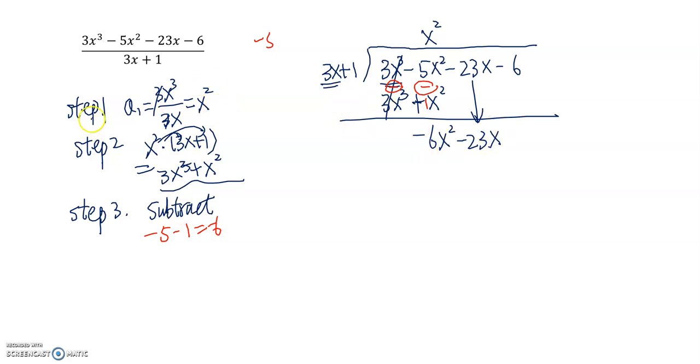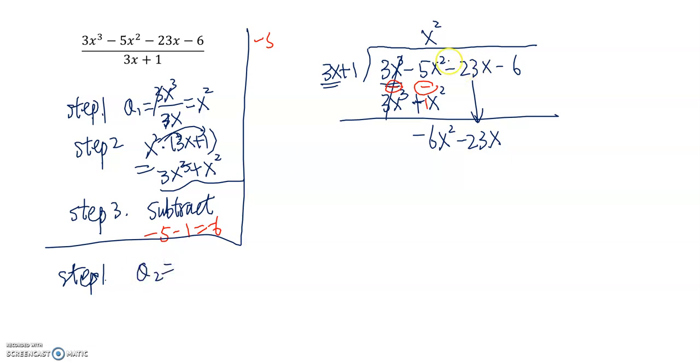Step 1, we're going to try to find the quotient. The second term of the quotient is the first term, -6x squared, divided by 3x. And that gives us -2x. We put that quotient on top of the line.